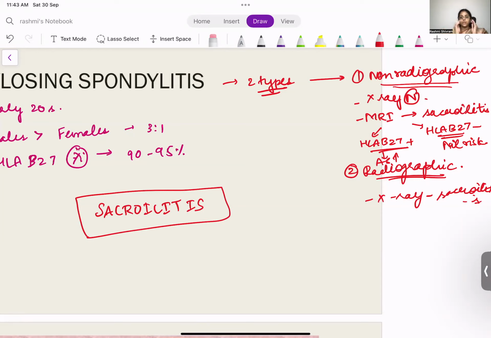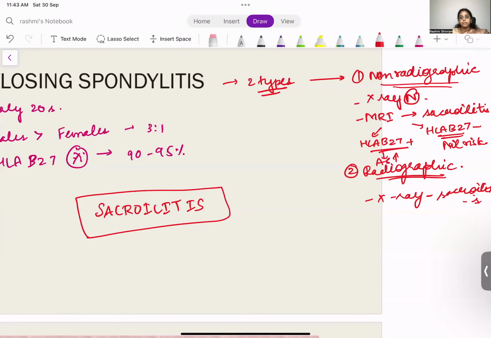So in those patients with non-radiographic findings, where the X-ray is normal but the MRI shows sacroiliitis, if the HLA-B27 is positive, that means they have an increased risk of developing ankylosing spondylitis. Whereas in those where it is negative, the patient is at nil risk of developing ankylosing spondylitis.